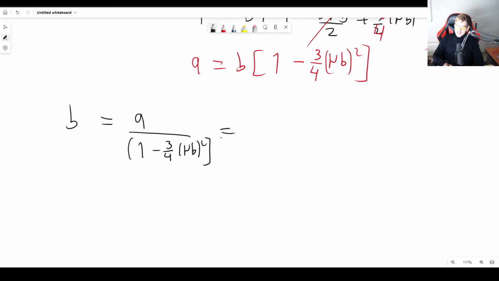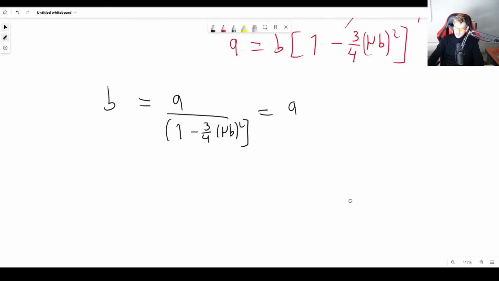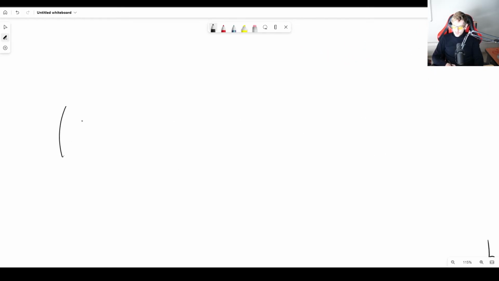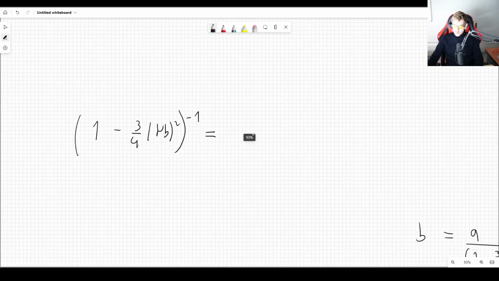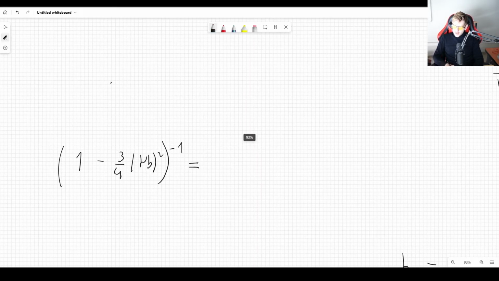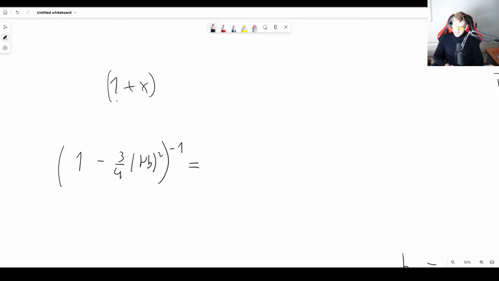And now let's expand again this thing, which is basically to the minus 1 power, right? So I'm gonna do it here off to the side. So we have 1 minus 3 over 4 mu b squared, and all of this to the minus 1. Now using the exact same formula as before, that 1 plus x to the minus n, this is simply the binomial theorem.